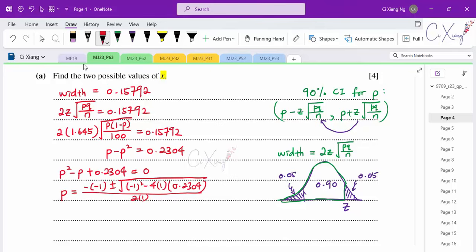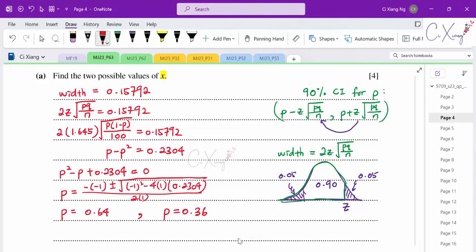When I use the calculator to help me, surprisingly, I'll get two nice values for P. One of them is 0.64 if you didn't make any careless mistake. Then another value for P that I get from the calculator is 0.36.